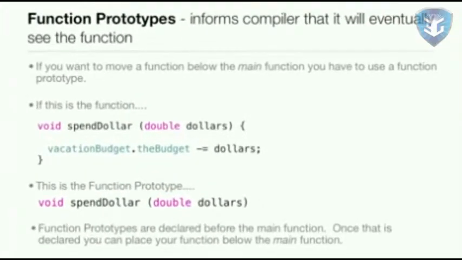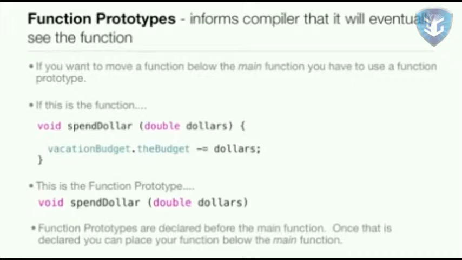We've been going over functions quite a bit the last few lessons, and you may have been messing around with the two functions that we had above main, and you may have moved them below main. If you did that and then build and run, you get errors. And you may be saying, why am I getting these errors?